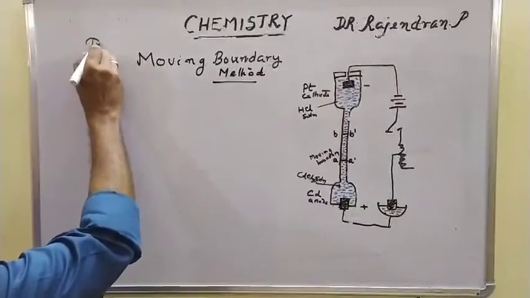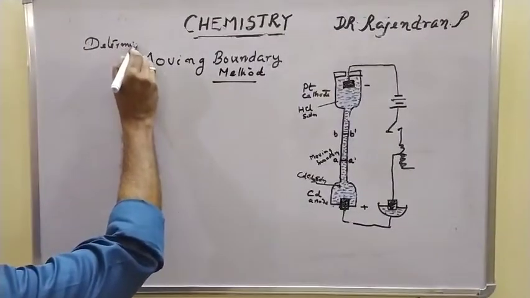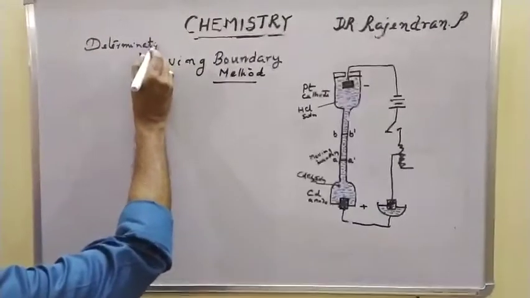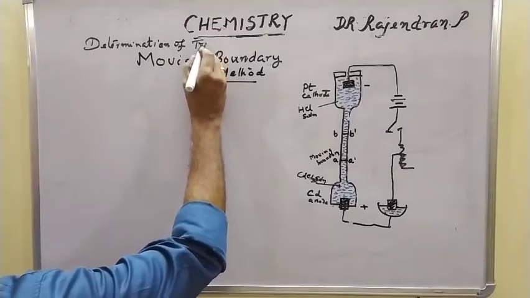Determination of transport number, that is the second method. The first method that I already discussed in the last class, that is Hittorf's method, for determination of transport number.